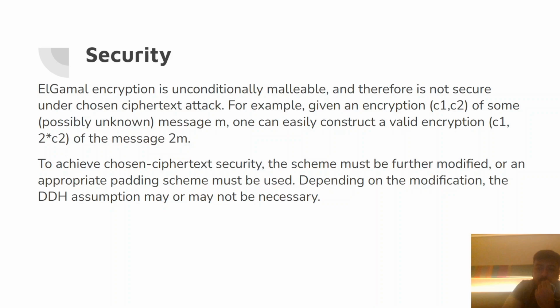To achieve chosen ciphertext security, the scheme must be further modified, or an appropriate padding scheme must be used. Depending on the modification, the DDH assumption may or may not be necessary.